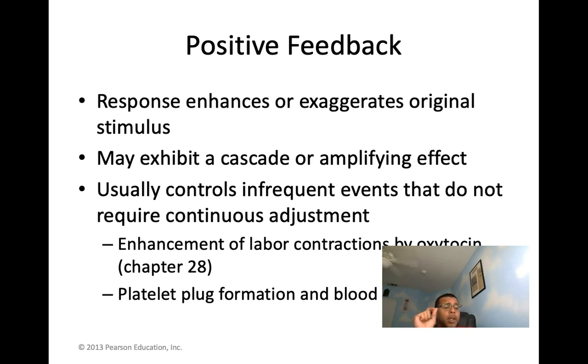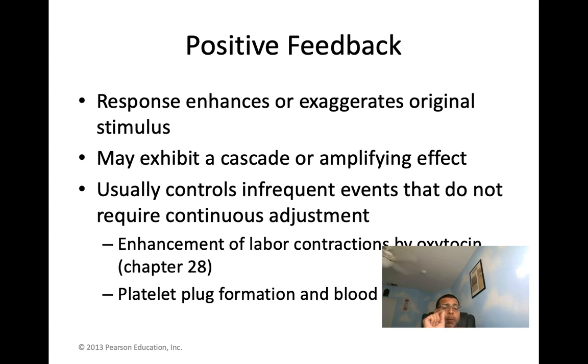Now, examples are the enhancement of labor contractions during childbirth and blood clotting. Let's talk about the first example, childbirth. We'll see oxytocin. Oxytocin is a hypothalamic hormone.